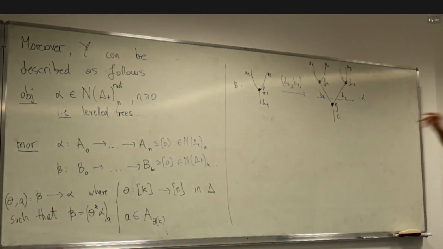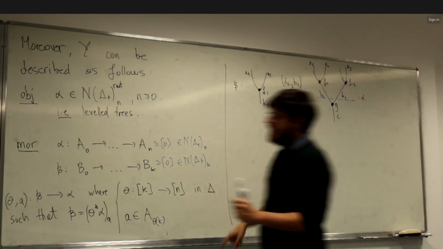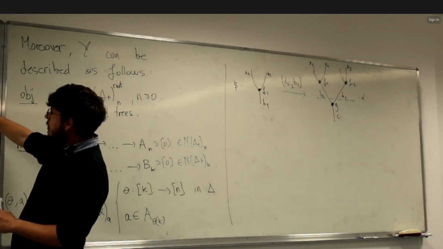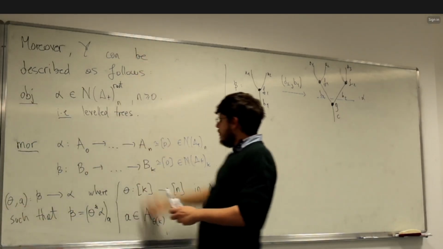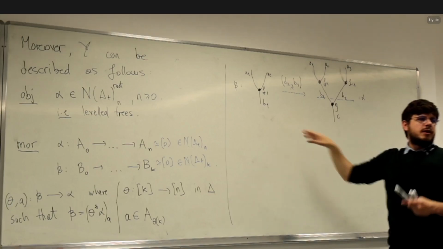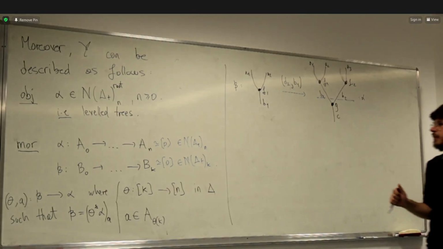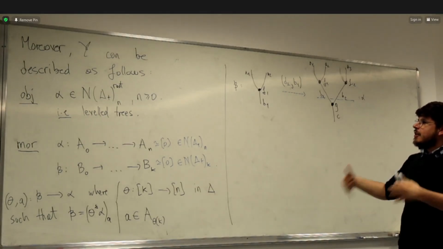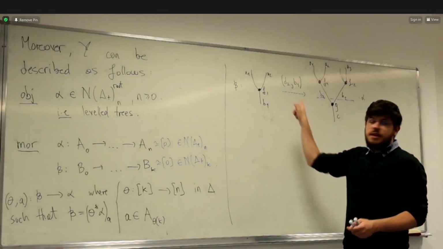And this again takes some work to prove. As I said, deriving this from here is not difficult, but then deriving this explicit description also takes some work. And now what I want to point out, which is, I guess, a point of novelty, is that this is combinatorial.